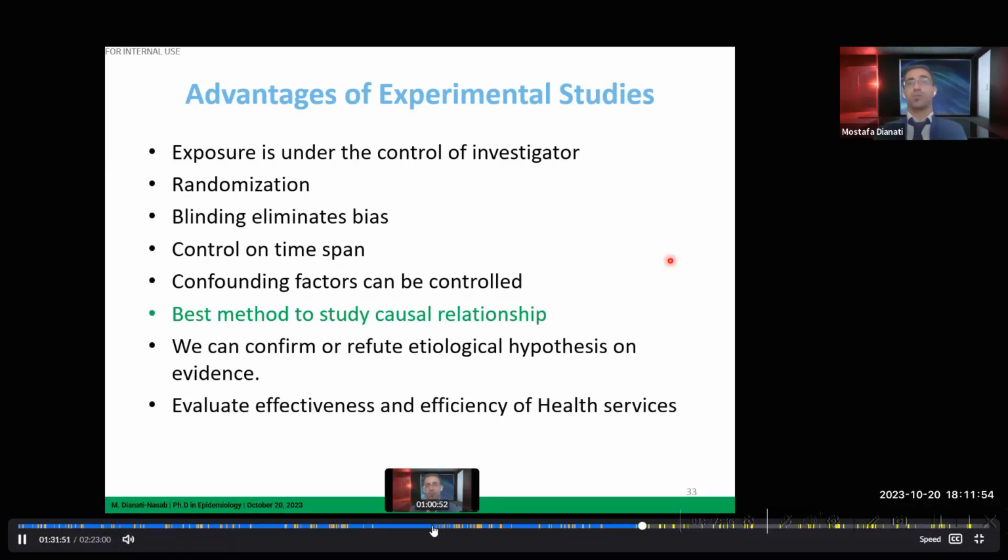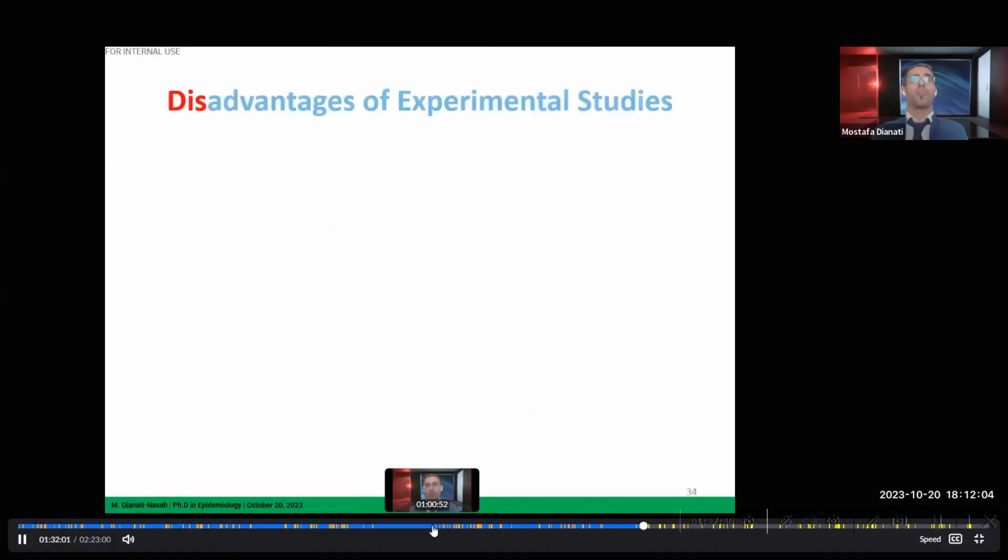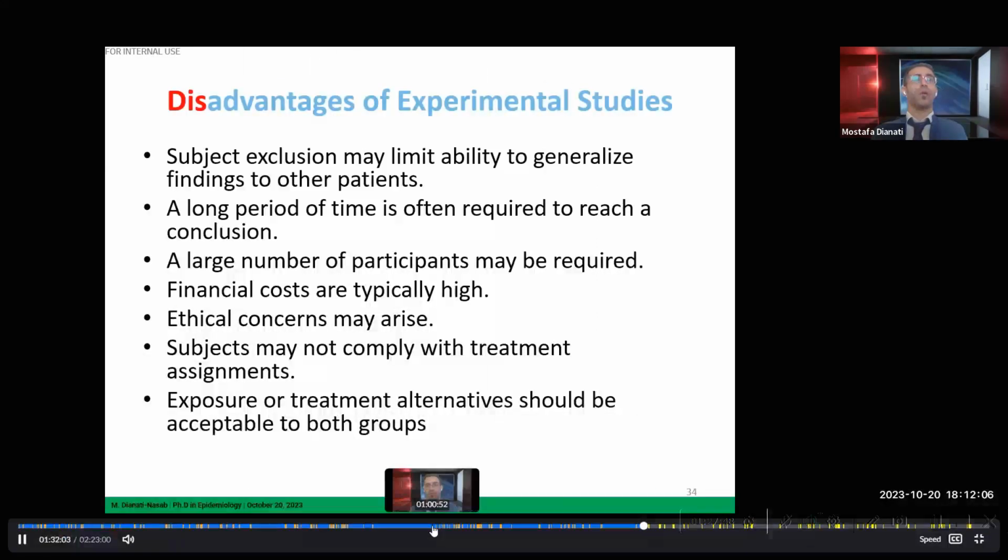If we also reach the same result, then we can say that yes, this one has a really beneficial effect on the risk of cardiovascular diseases. Of course, there are some disadvantages for this kind of studies. Subject exclusion or attrition may really affect the generalizability of your findings.